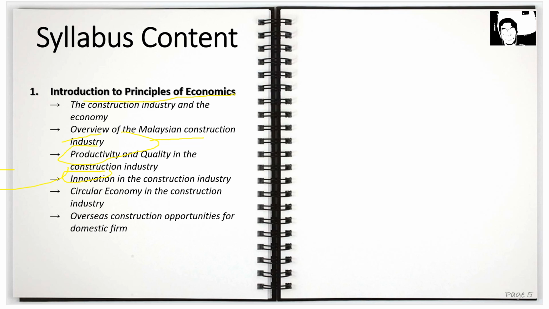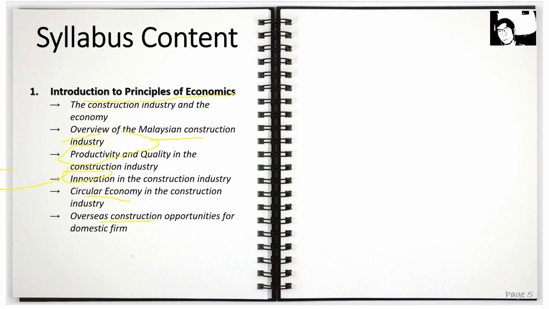Alright, and then we are going to touch a little bit on what a circular economy is in the construction industry, and how we can improve the way we are running construction projects by focusing on circular economy. And the last part of the first topic, we are going to discuss overseas construction opportunities for domestic firms.